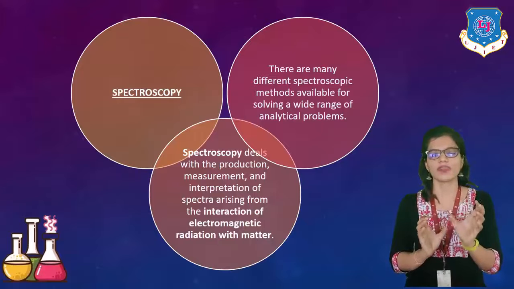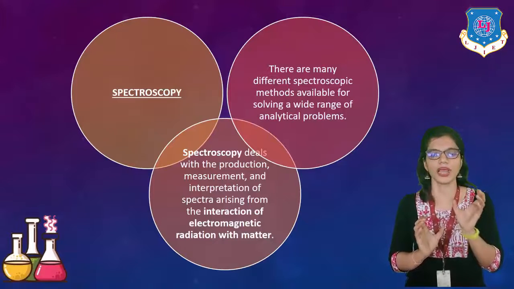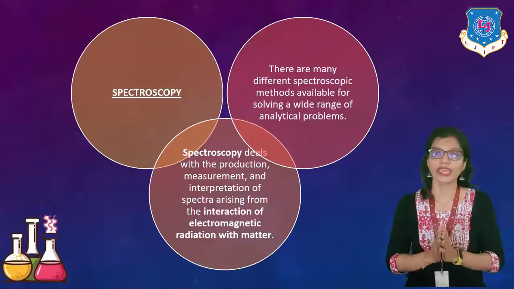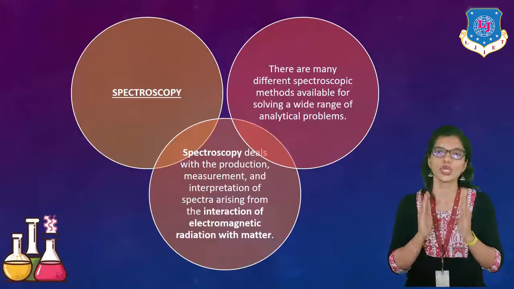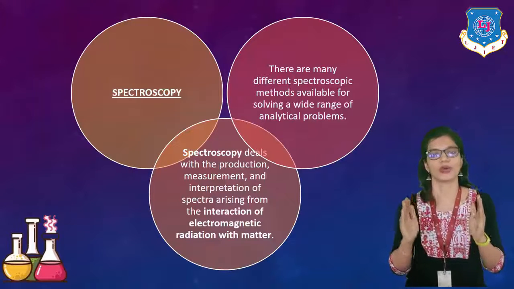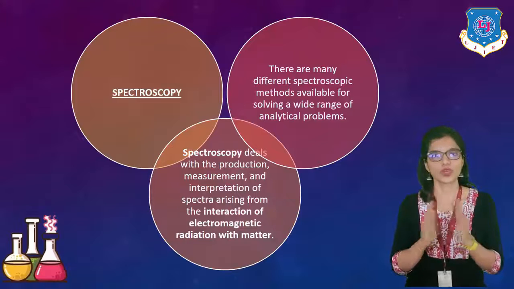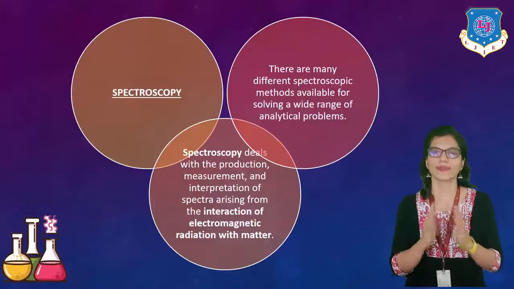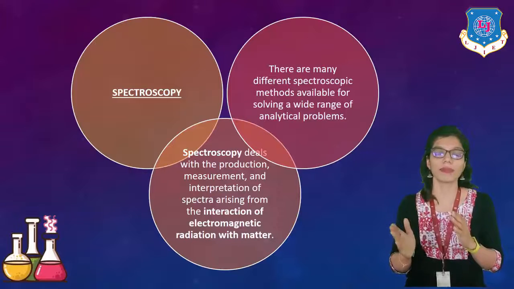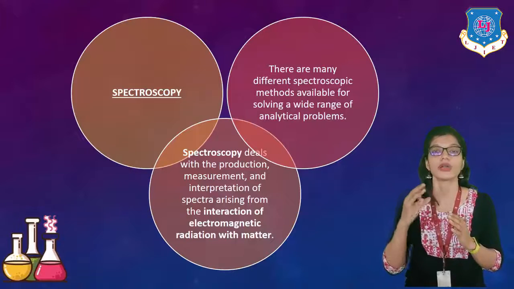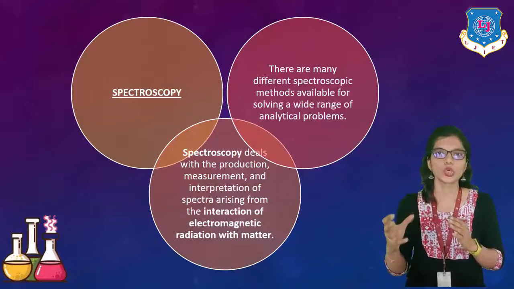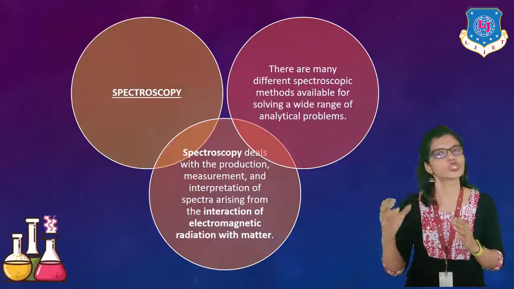There are many different spectroscopic methods available for solving a wide range of analytical problems. We have a huge field which is known as spectroscopy. It includes UV spectroscopy, IR, Raman spectroscopy, UV-IR combined, IR-Raman combined, and other sophisticated instruments can be produced when we talk about spectroscopy.